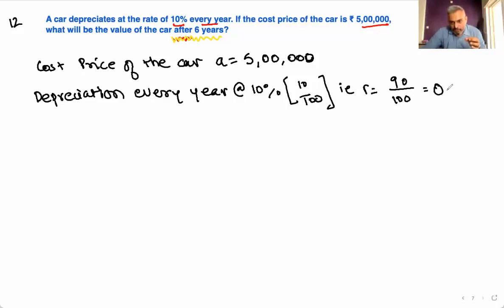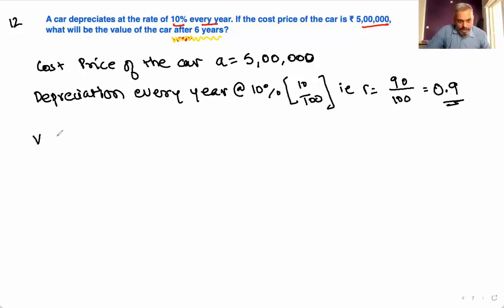So R is equal to 0.9. Now previous sum it was increased, so we added, it became 1.02. Here it is decreased, so we subtract. So first term is 100, second will be 90. So T2 upon T1 is 0.9.